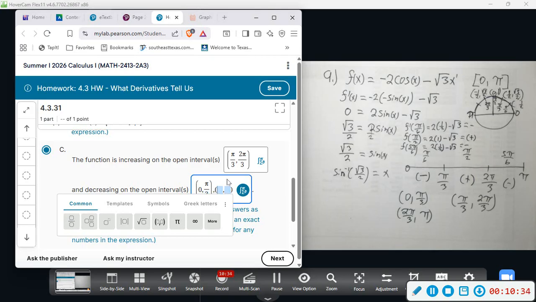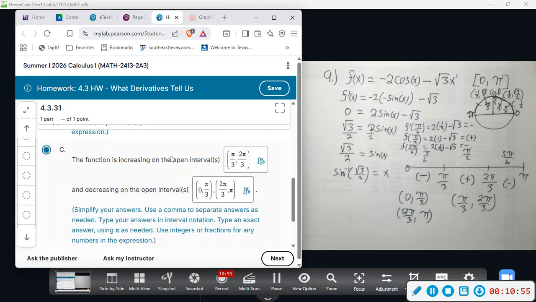And then here, we got 2 pi divided by 3 to pi. It keeps unclicking. Okay.